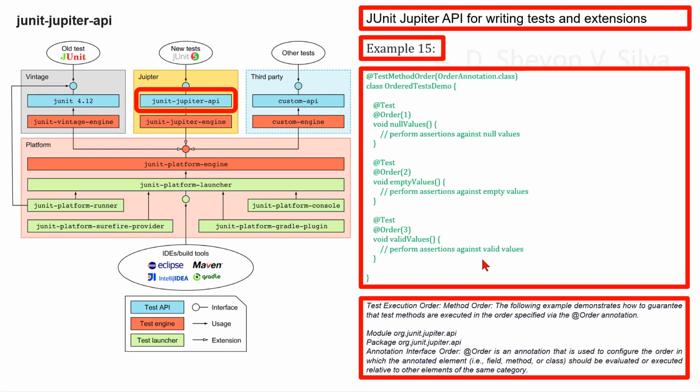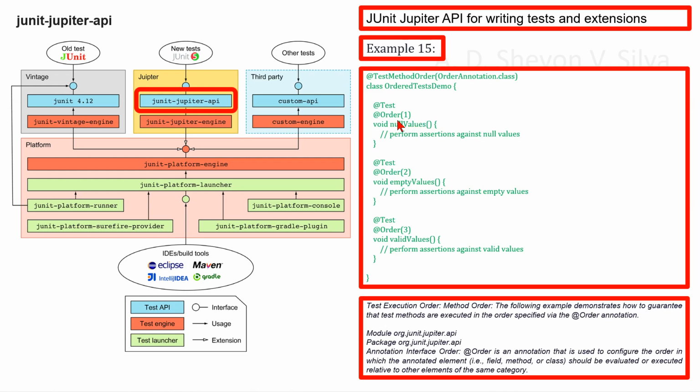Now we are considering method order in test execution order. The following example demonstrates how to guarantee that the test methods are executed in the order specified via the @Order annotation.